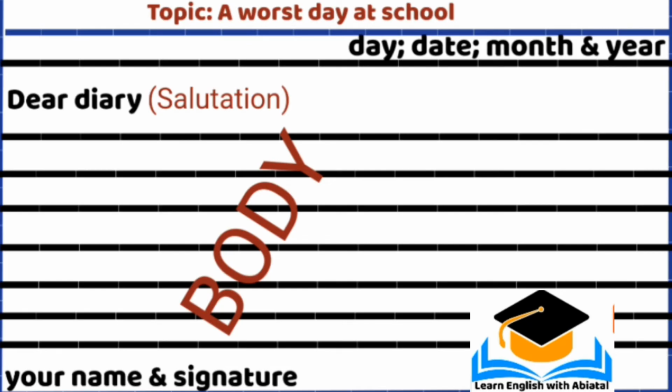In some cases, you can throw a question as your conclusion. Let us say you were lost in the desert, or let us say you were accused of something that you didn't do. You can write a question as your conclusion. How would you feel if it was you? You are asking your diary. You are not asking me.